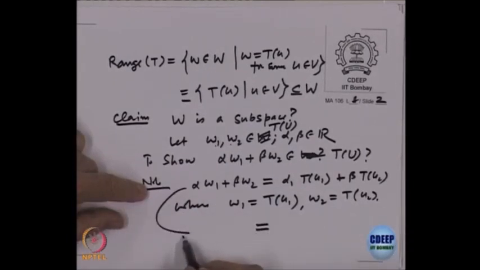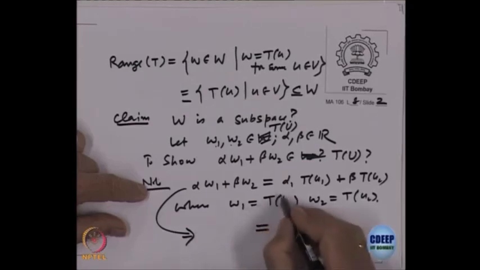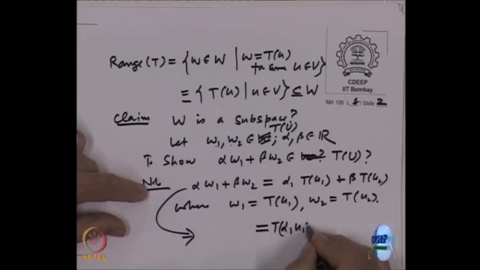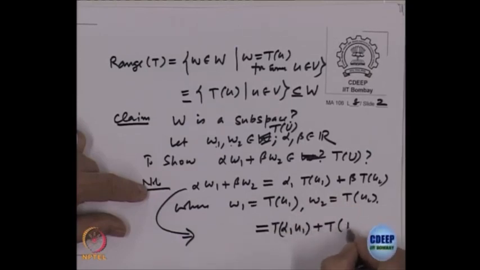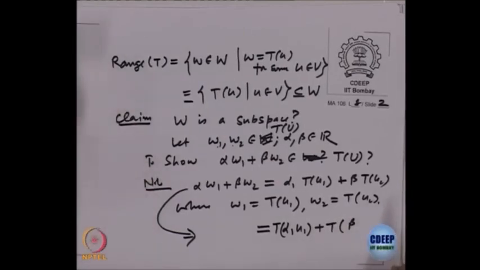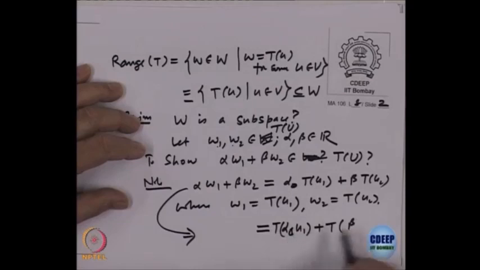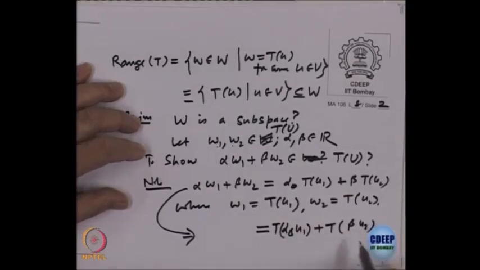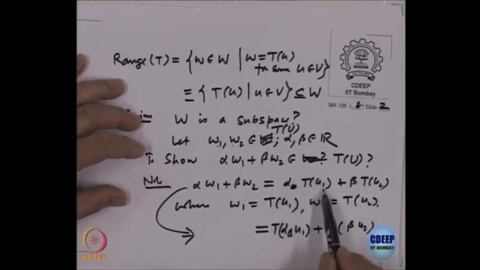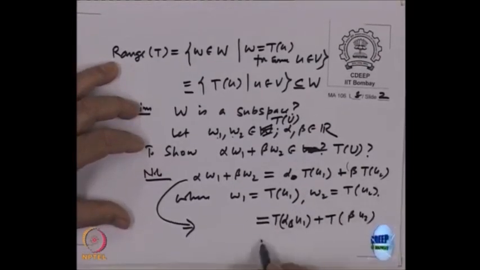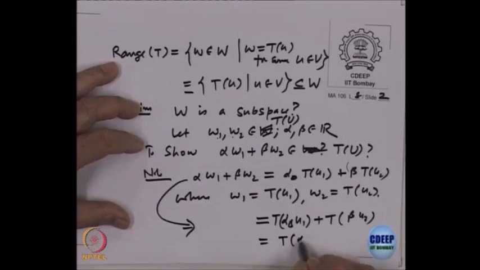So, what does this give you? The right hand side is alpha T of U1 plus beta T of U2. This alpha can be taken inside because of linearity, beta can be taken inside because of linearity, and that is the same as T of alpha U1 plus beta U2.